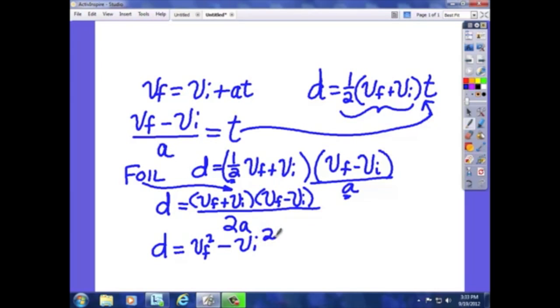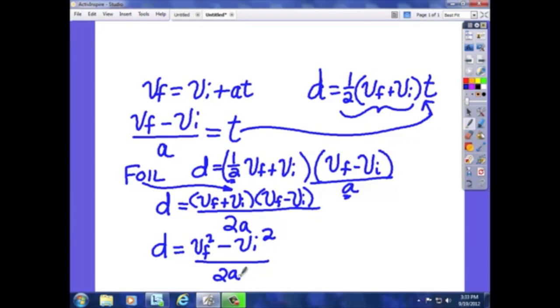V final squared minus V initial squared. And keep in mind that this is going to be over 2A.